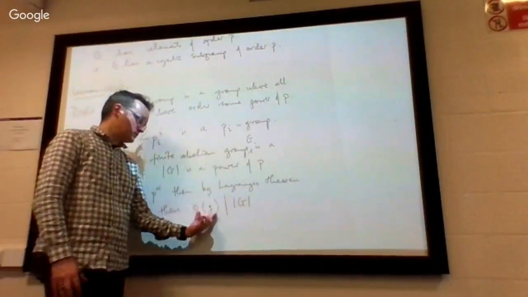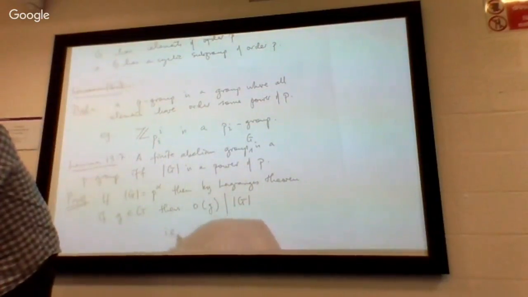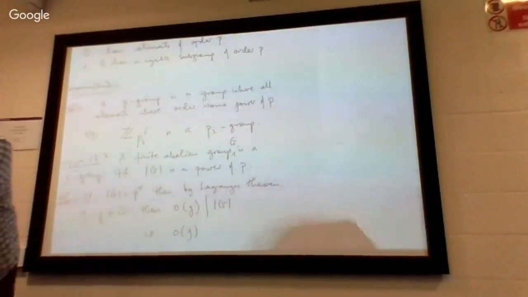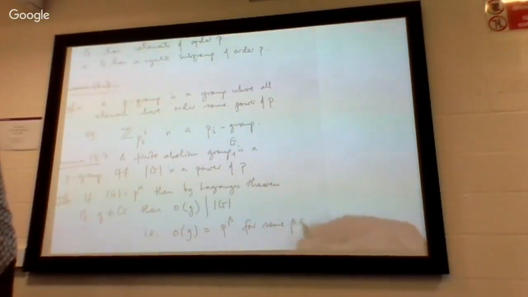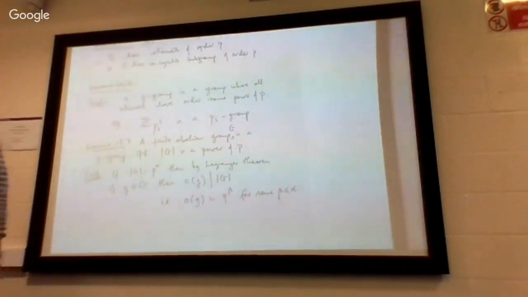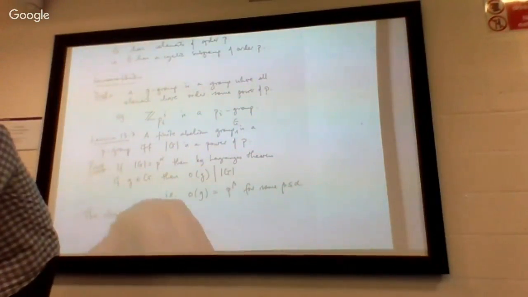That's a subgroup, so its order has to divide the order of G. What kind of divisors can you have? p to the beta, just p to the beta with beta at most alpha. So that direction just comes from Lagrange's theorem. The other direction comes from 13.6.